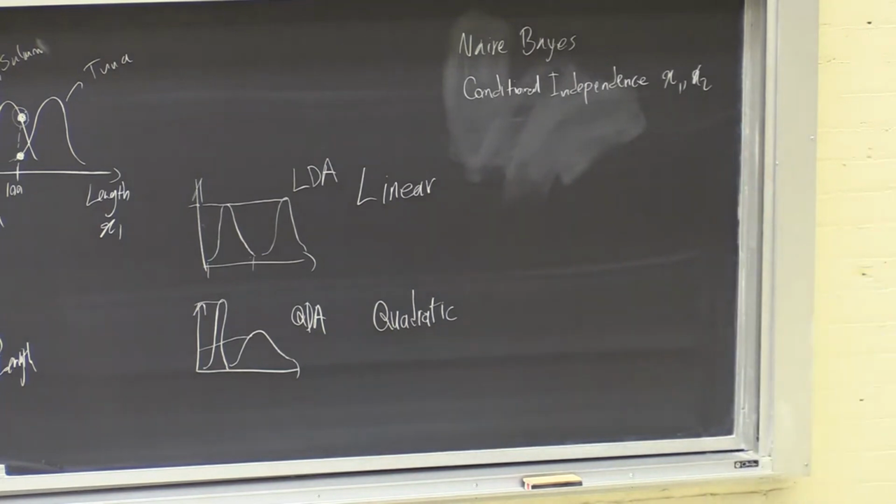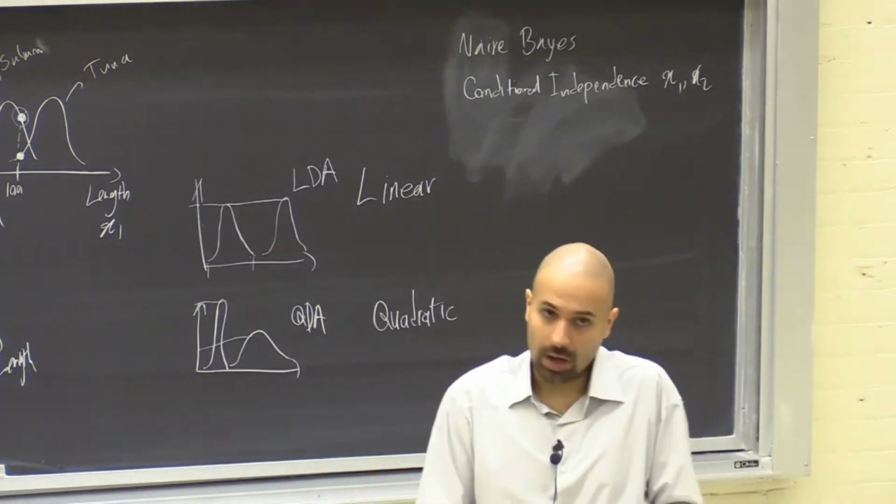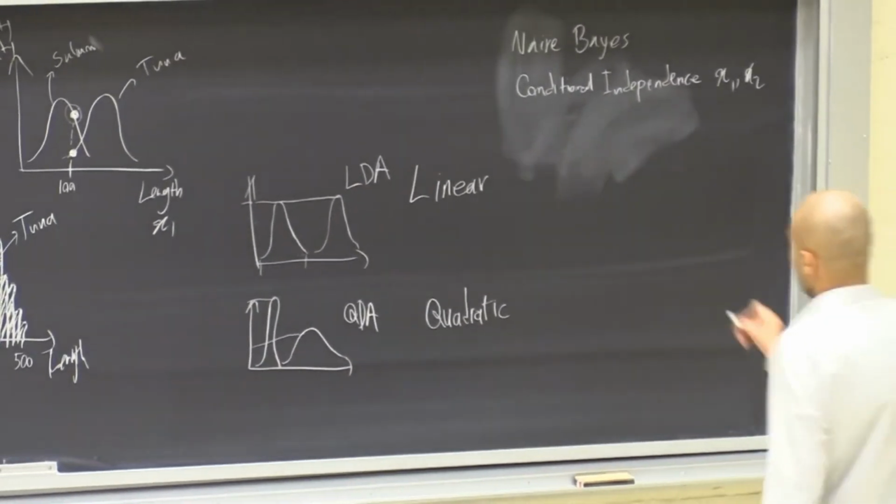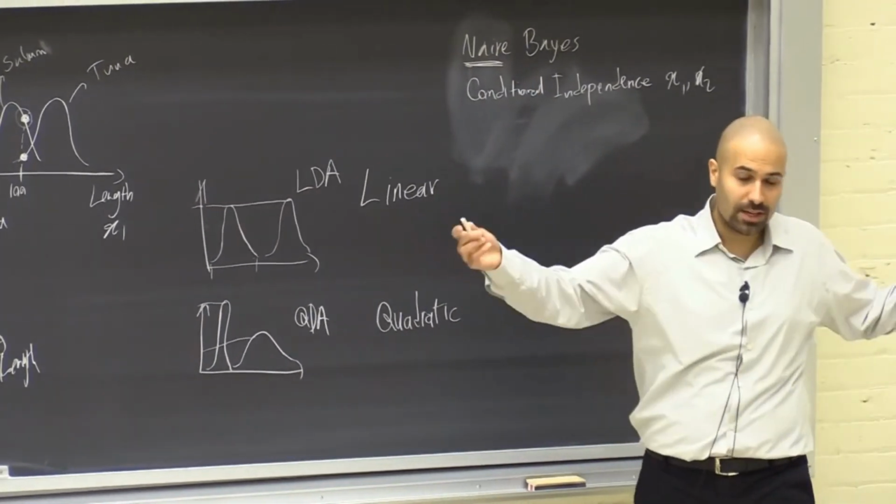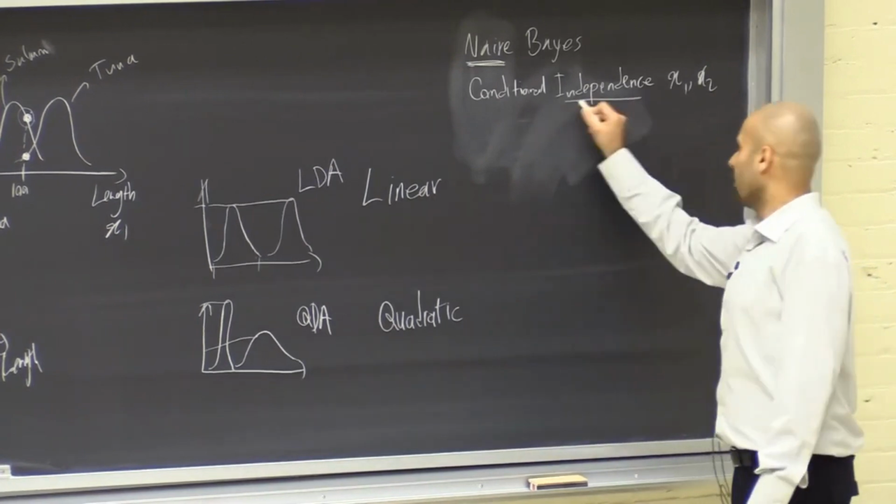For example, x1 is length of a fish, x2 is weight of a fish. And I think it's pretty clear that length and weight have some association. They are not independent of each other. When a fish is longer, it's likely to be also heavier, right? But with naïve Bayes, we are being naive by assuming that length and weight are independent from each other.